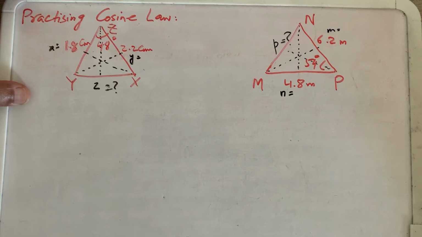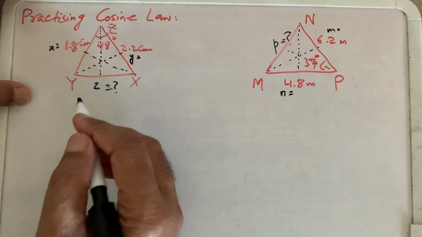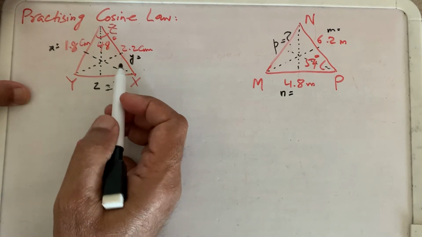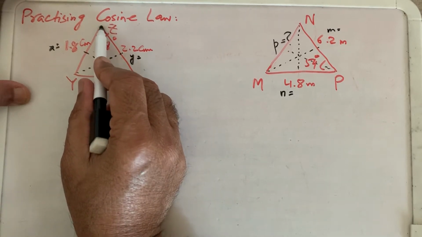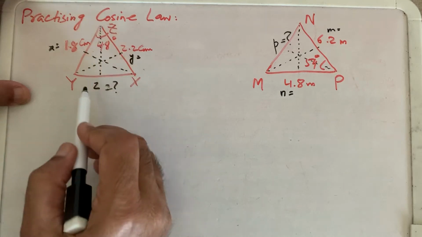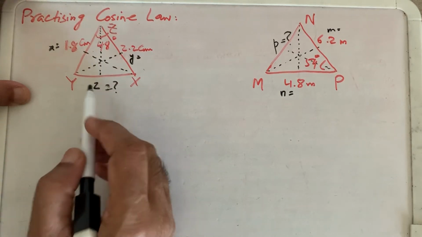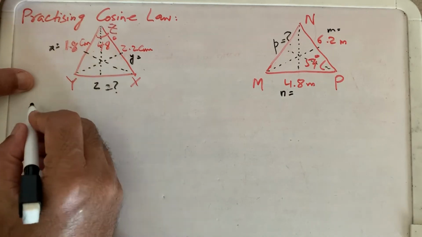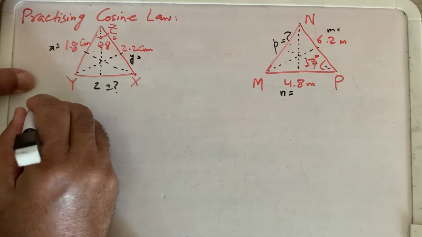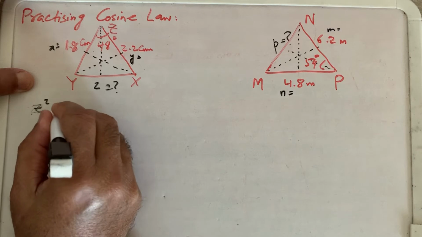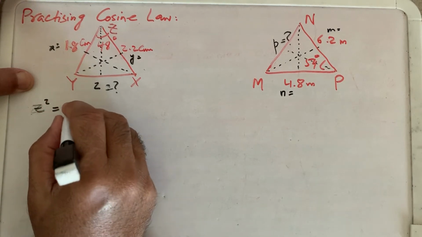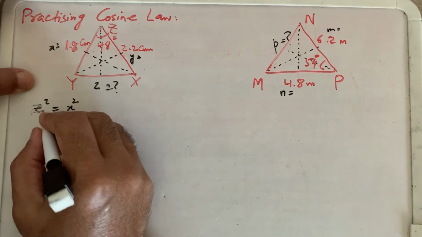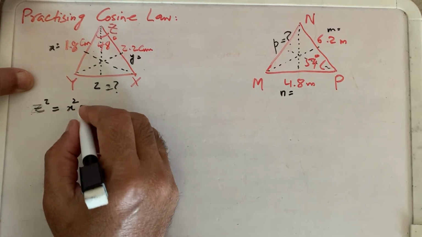So what does the cosine law say? What angle is this? Z, right? So we will use this z, and what is the side in front? Small z. So always start with that angle and that opposite side. So z square is equal to the square of the two known sides. You have to remember it like this, the way I am explaining it now.